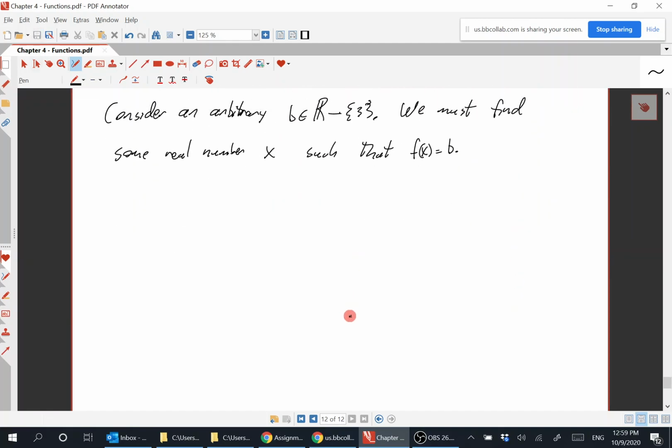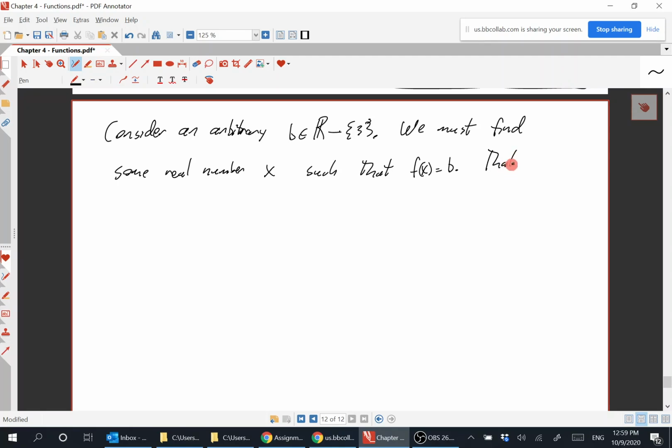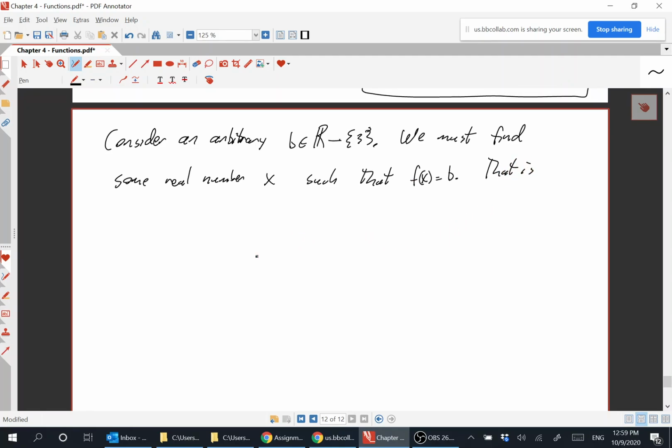All right. Well, what's f of x? It's 3x minus 2 over x plus 1 is equal to b. That is, 3x minus 2 equals b times x plus 1. 3x minus 2 equals bx plus b.